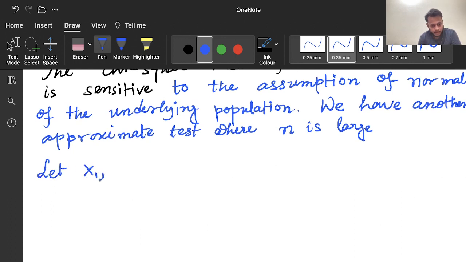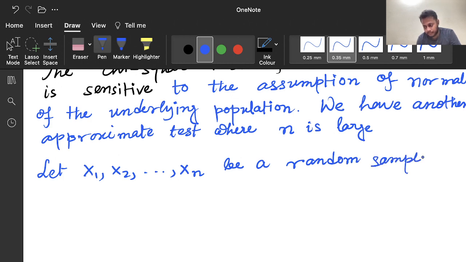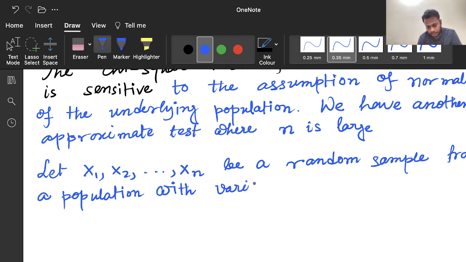Let x1, x2, ..., xn be a random sample from a population with variance sigma square.